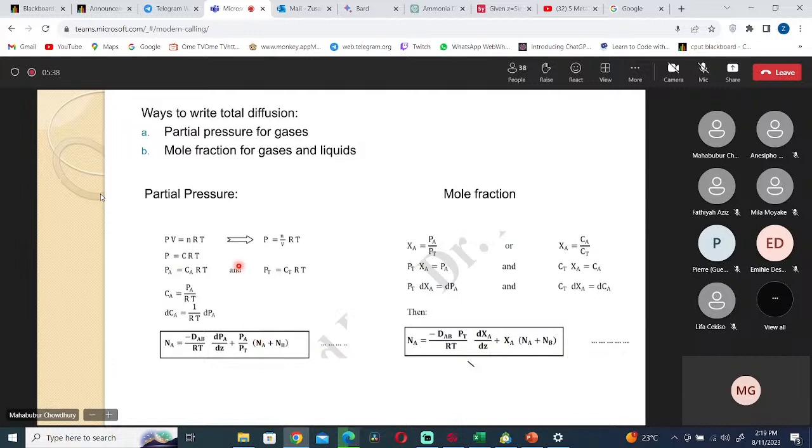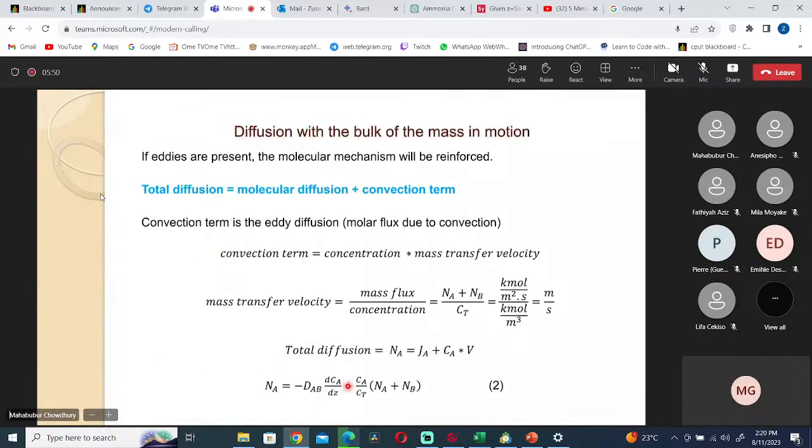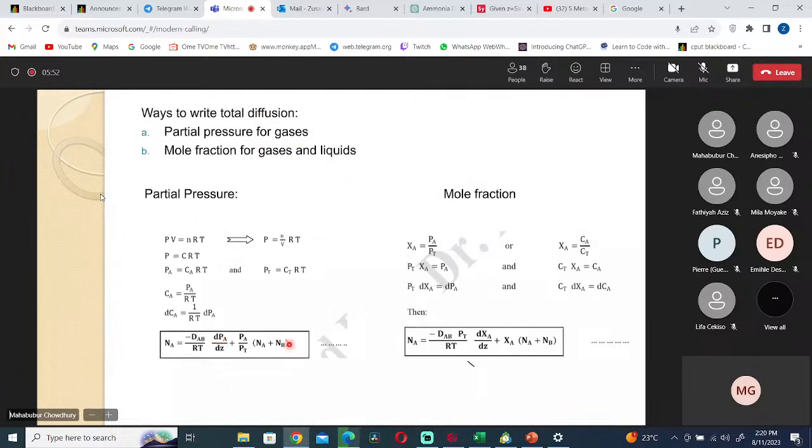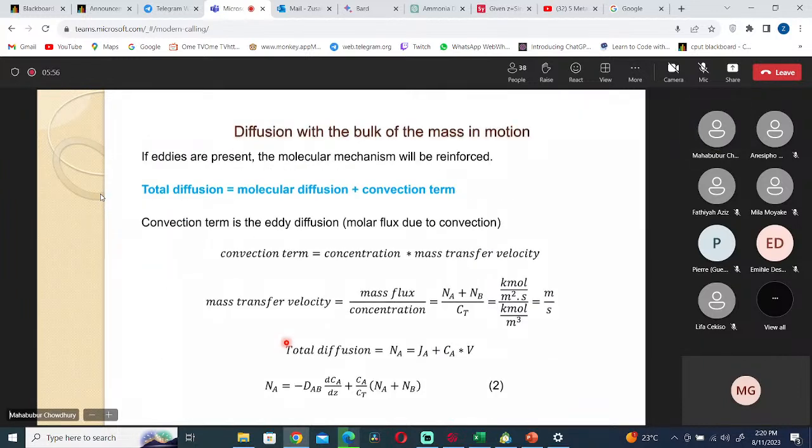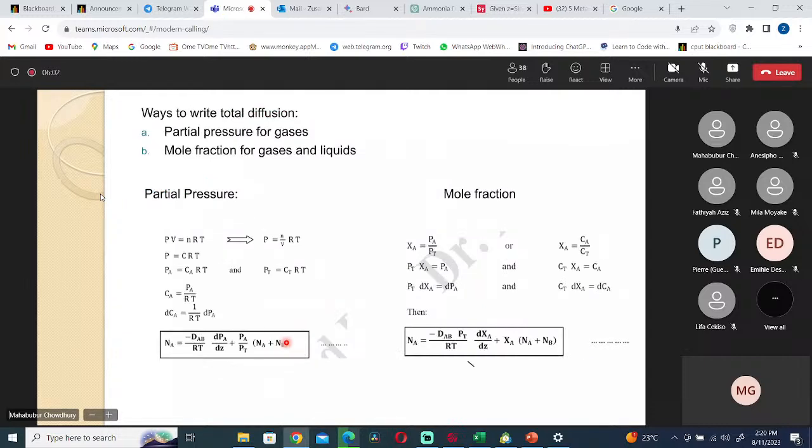See, simple mathematical manipulation, nothing serious. So I just use the partial pressure relationship to rewrite this whole equation in terms of pressures rather than concentration. So if sometimes you are given only the pressures, you can rewrite the total diffusion in terms of pressure, no problem.